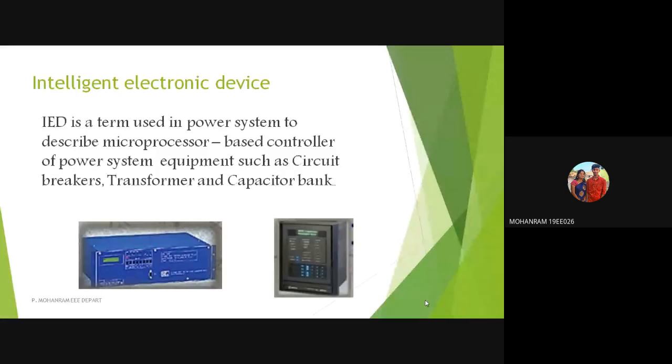It can issue control commands to circuit breakers, capacitor banks, and voltage regulators. Circuit breakers: if the voltage is high and the current is flowing in huge amounts, the circuit breaker is activated so that the circuit is broken and accidents may be avoided. So this is the main function of the IED in power automation.